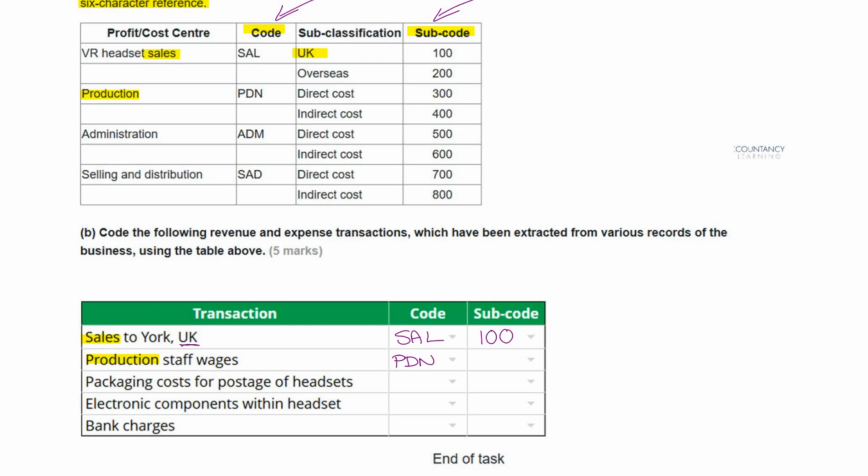Then the staff wages are going to be a direct cost. So we're looking under production for direct cost, which gives us a subcode of 300.